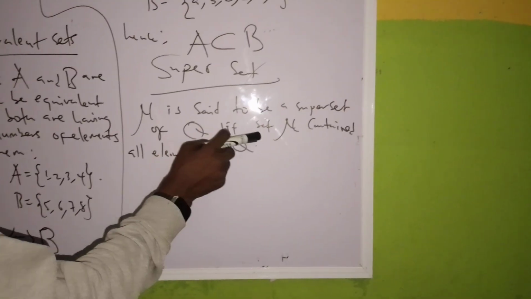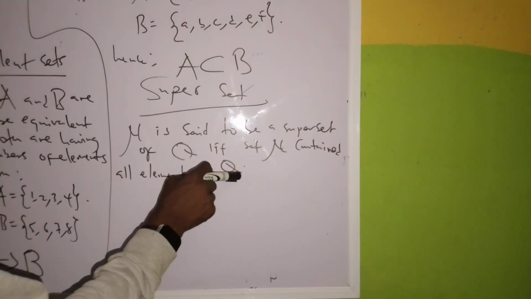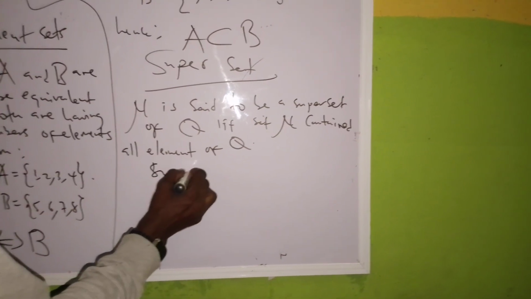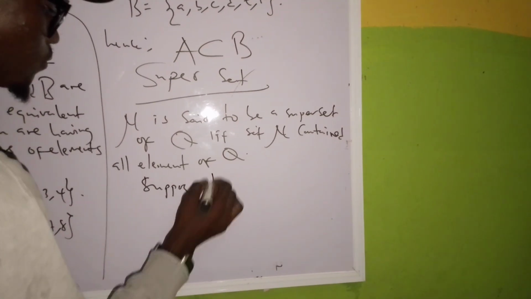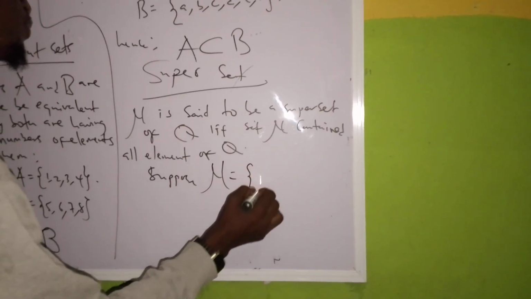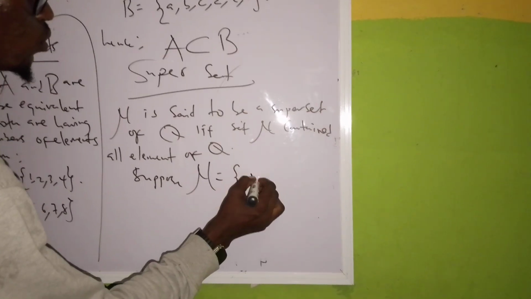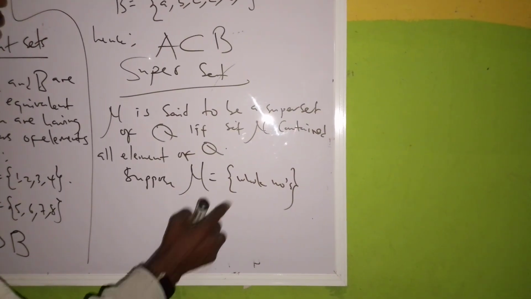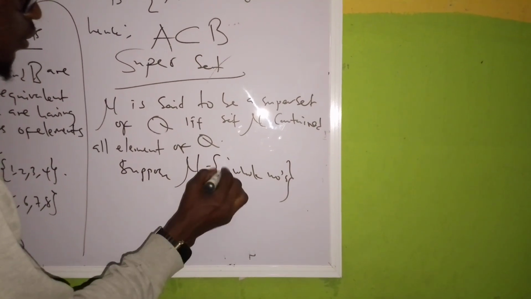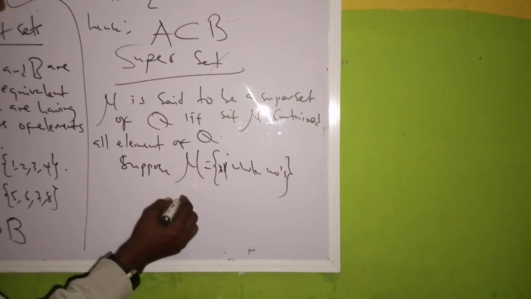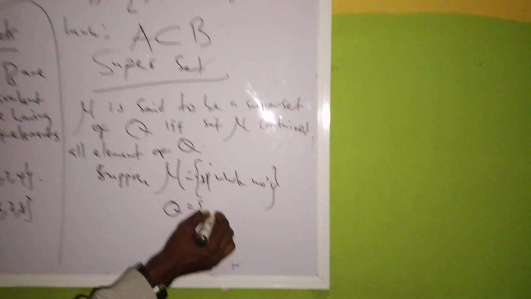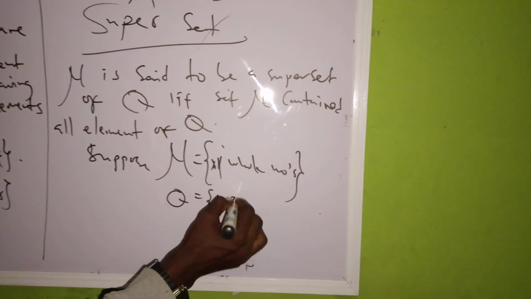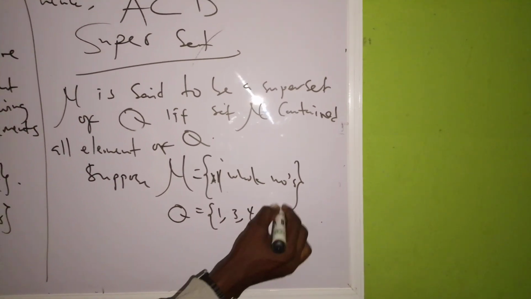So N is said to be a superset of set Q if and only if set N contains all the elements of Q. For instance, suppose N is all odd numbers, and Q is 1, 3, 4, 5, 6.